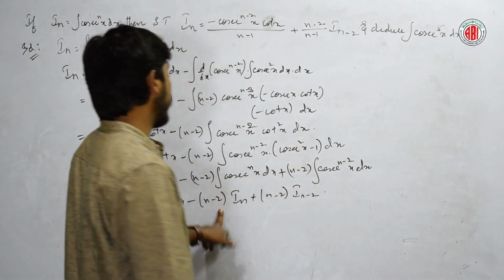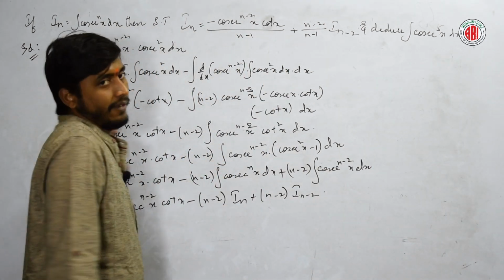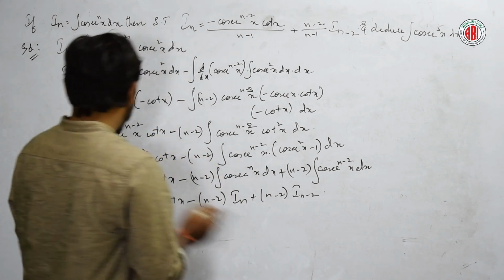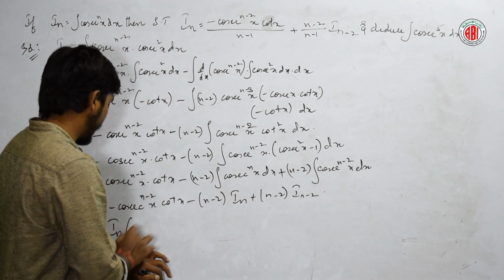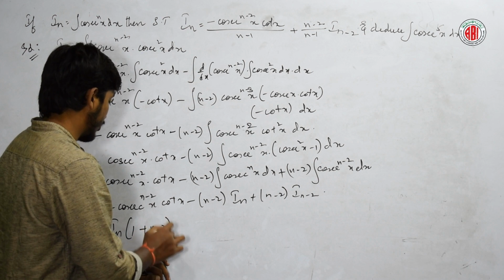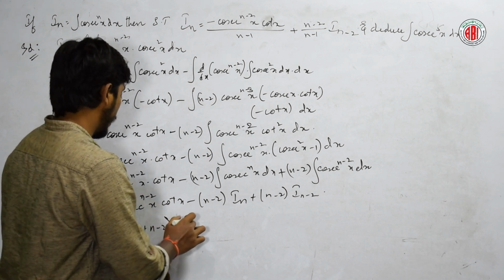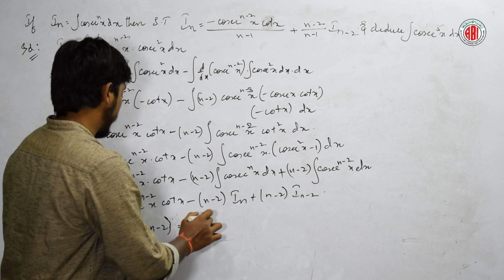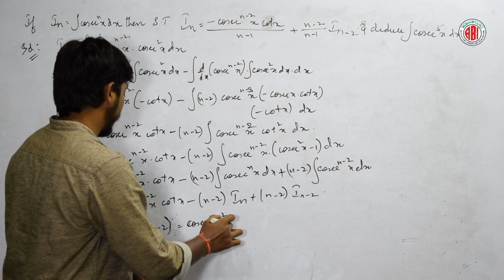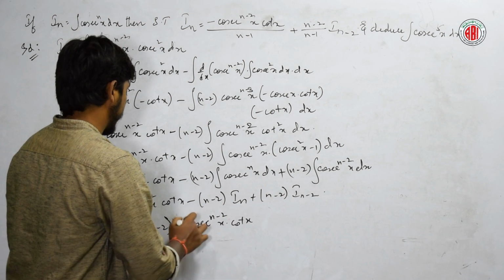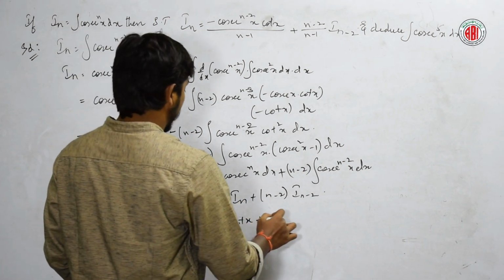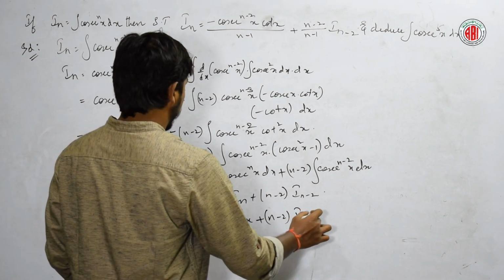Now, let us take this term to the left hand side. So, what do I get? If I take I n common, I will get 1 plus n minus 2 equal to cosecant power n minus 2 x cot x plus n minus 2 I n minus 2.